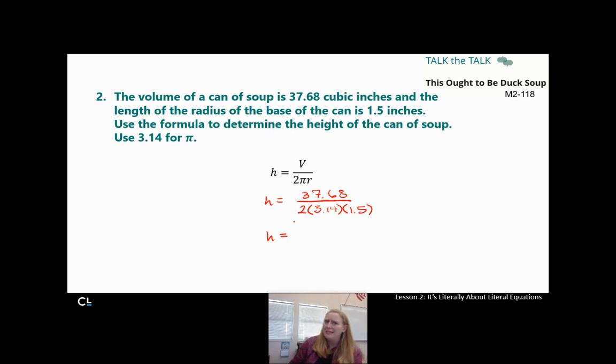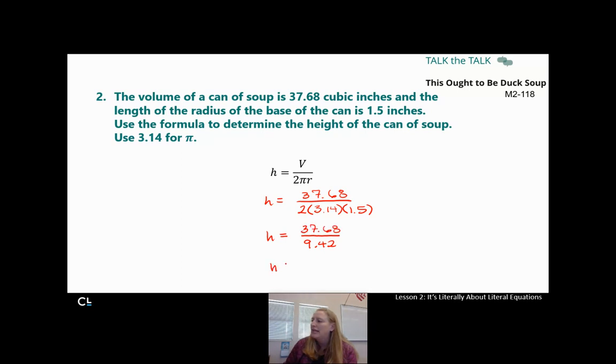Let's take care of that denominator first. So if I do 2 times 3.14 times 1.5, on the bottom I get 9.42. I just multiplied these three together on my calculator. And that means I still have 37.68 on top.